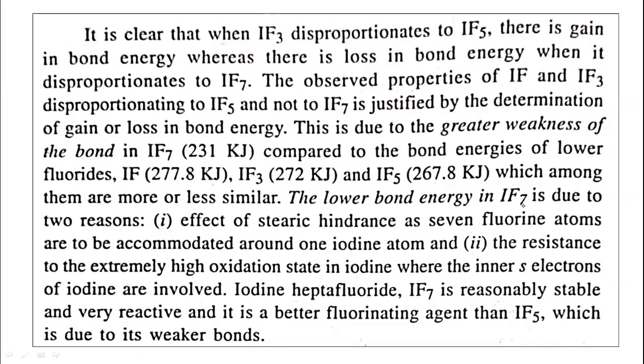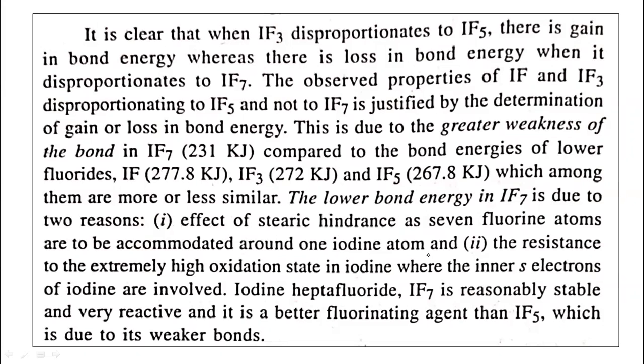So the lower bond energy in IF7 is due to two reasons. Why is it having the lower bond energy? Effect of steric hindrance is there, because 7 fluorine atoms are very close to each other. 7 fluorine atoms are to be accommodated around the central iodine atom, so a lot of crowding is there. And the second thing is the resistance to the extremely high oxidation state.